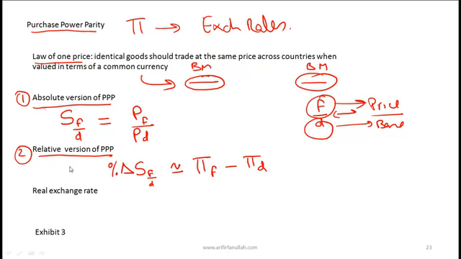So this is the second relationship you need to memorize. This is also called the ex-ante version of PPP. So I'll just write this down for you, ex-ante.